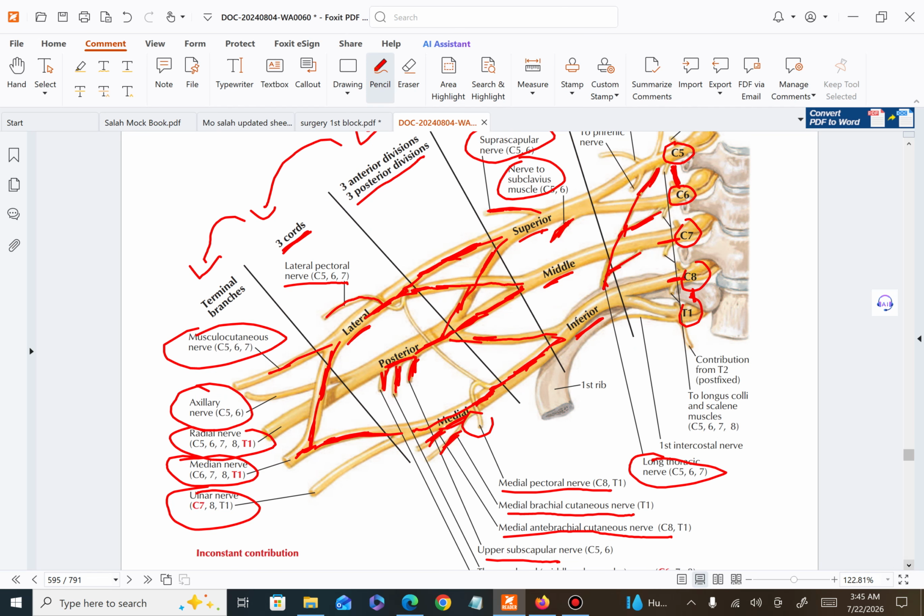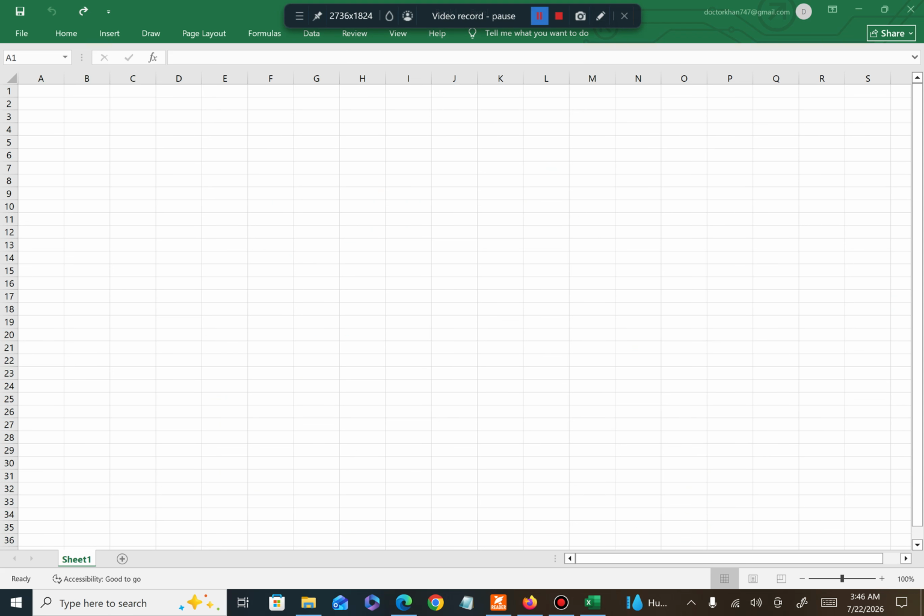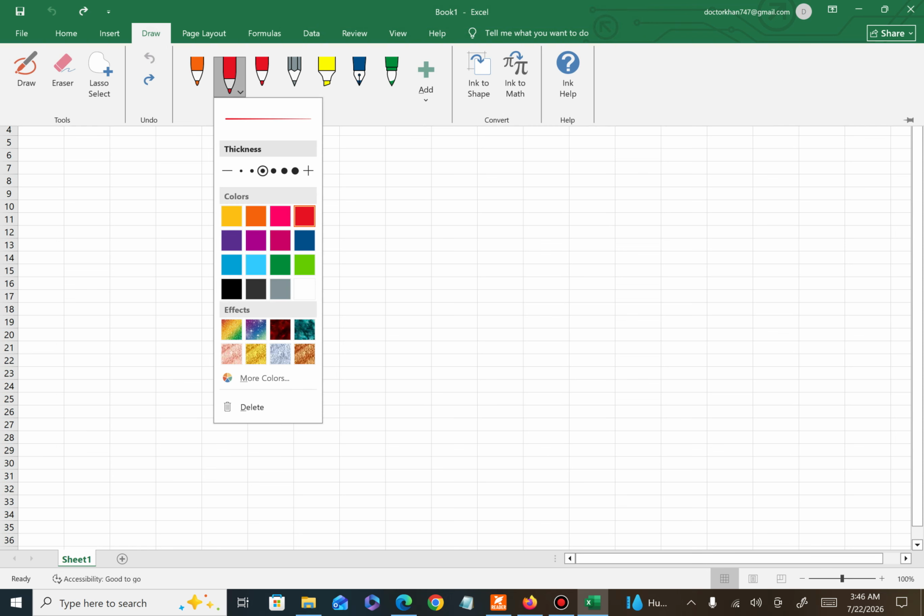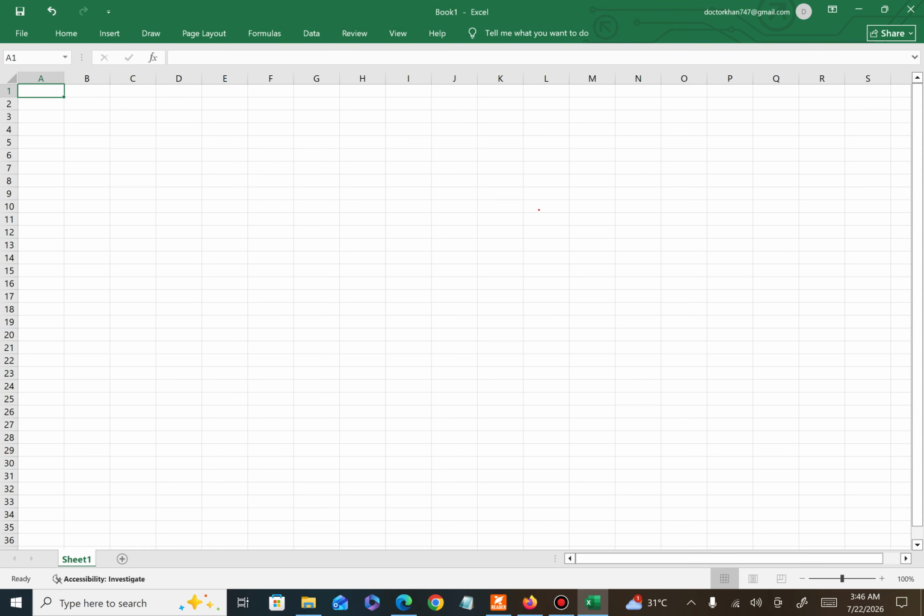Let's summarize the formation of the brachial plexus. The brachial plexus is formed by five roots: C5, C6, C7, C8, and T1.